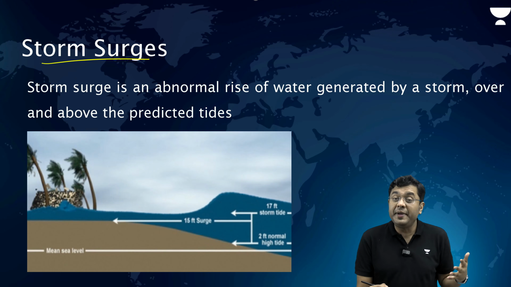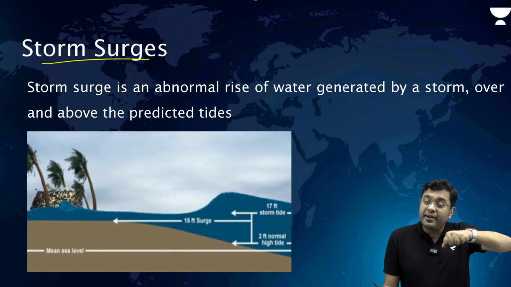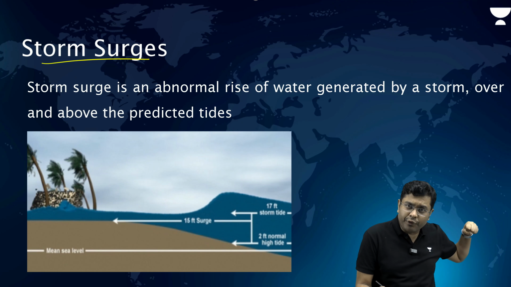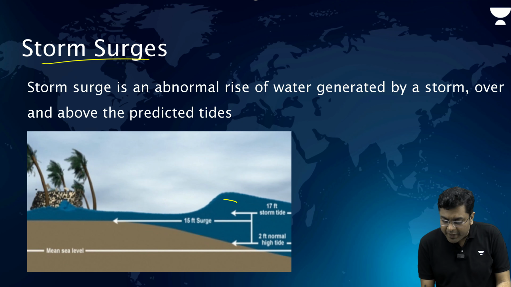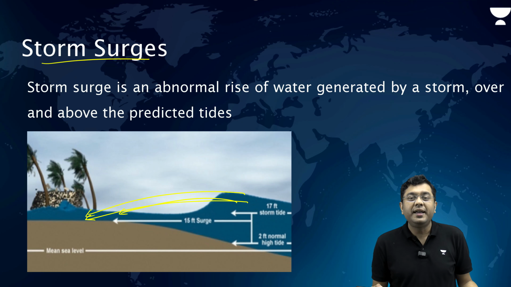But when you have stormy conditions like a cyclone, the winds, by their air drag resistance, are able to carry much more amount of water. The powerful winds are able to drag much more amount of water into the inland areas. That is the reason why you experience coastal flooding.